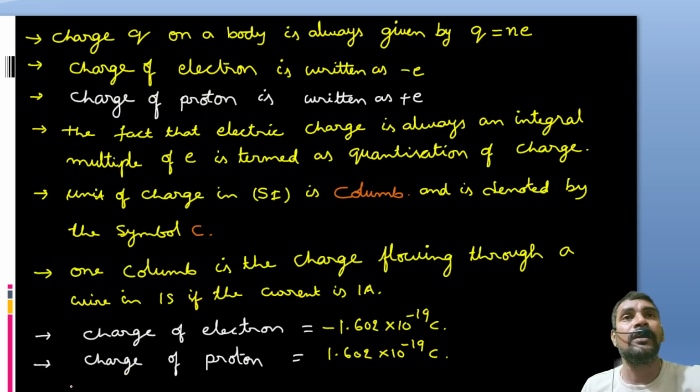So according to quantization of charge, the charge on a body is always equal to an integral multiple of the basic unit of charge. So Q is always equal to n into e. This n is always an integer, it must be an integer.